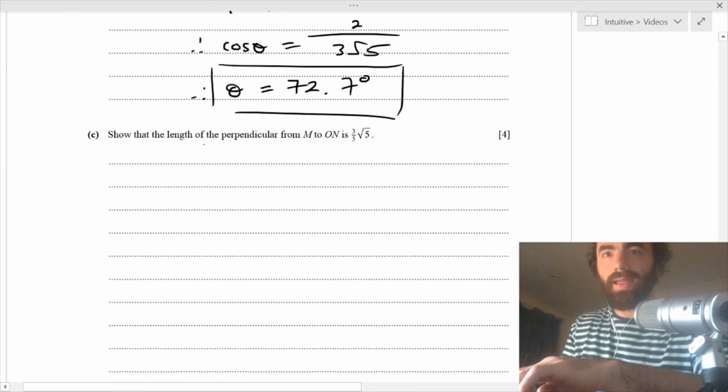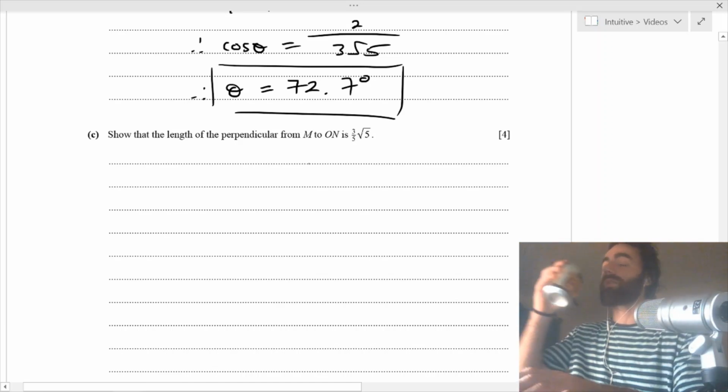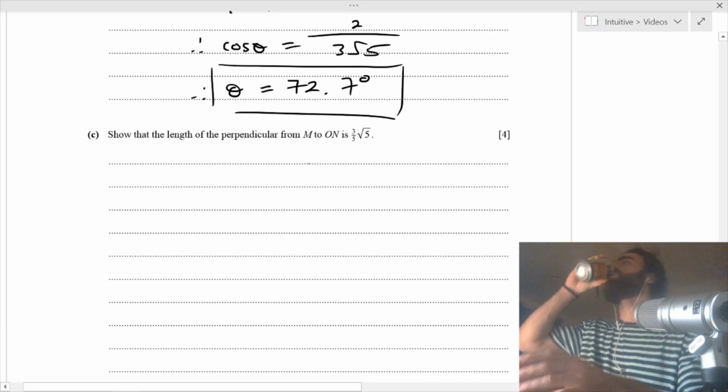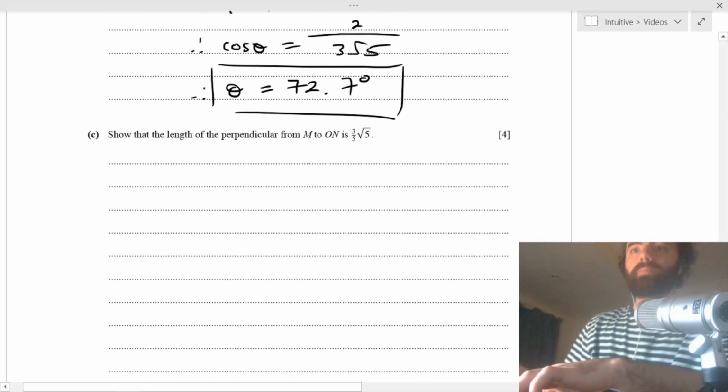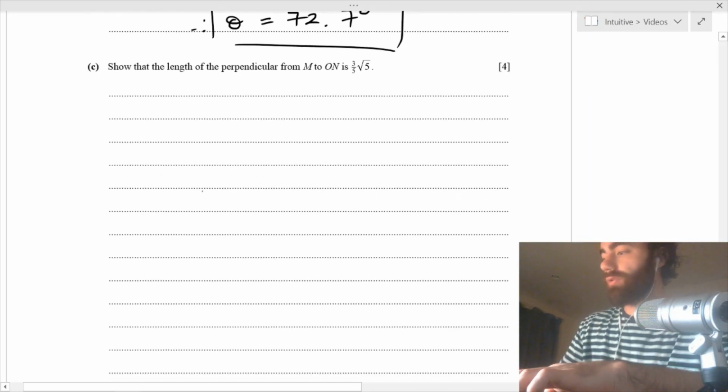Okay, and now this one. Show that the length of the perpendicular from M to ON is this. They actually ask this kind of thing all the time, but this one's actually quite difficult. It's not crazy difficult, but it is difficult.